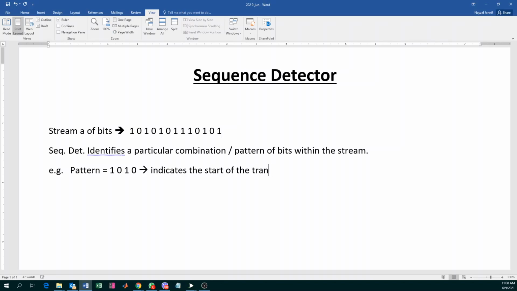We're not doing computing right now, so I don't want to confuse you. If you have a look over here, where does the 1010 start? Okay, that's the 1010. So that was example 1.